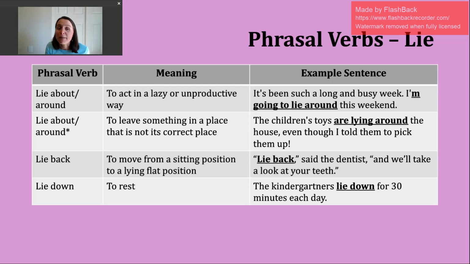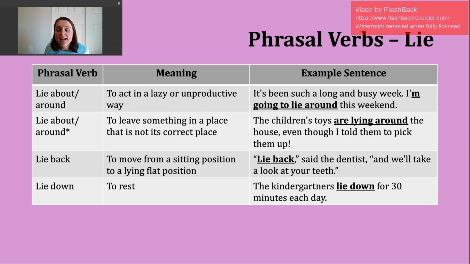A second way you might hear lie about or lie around used is to mean to leave something in a place that is not its correct place. That definition might be a little confusing, so let's look at an example. The children's toys are lying around the house, even though I told them to pick them up.